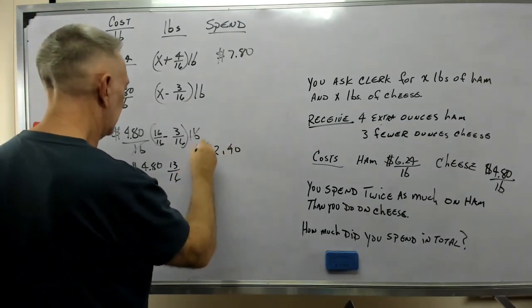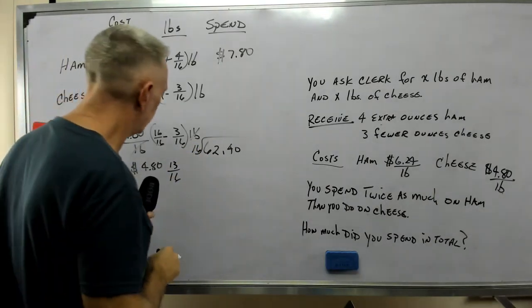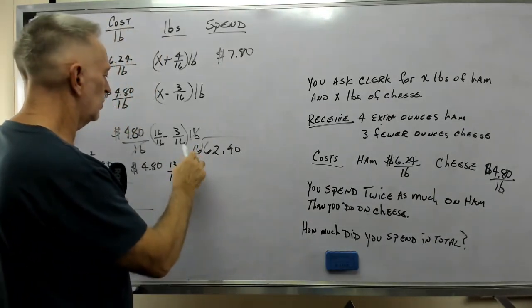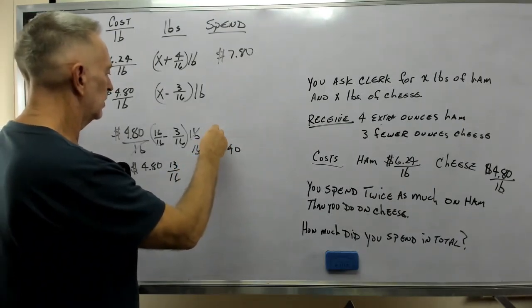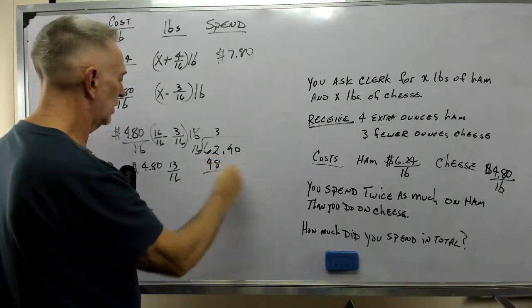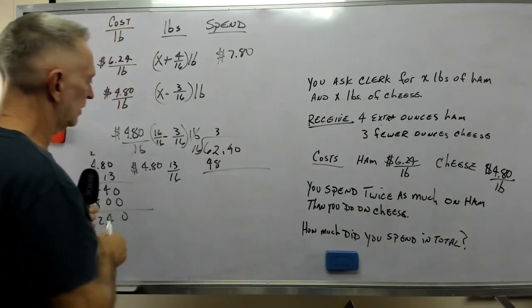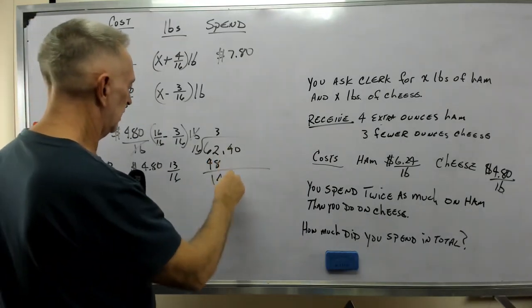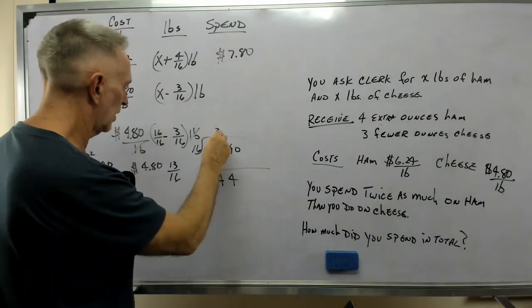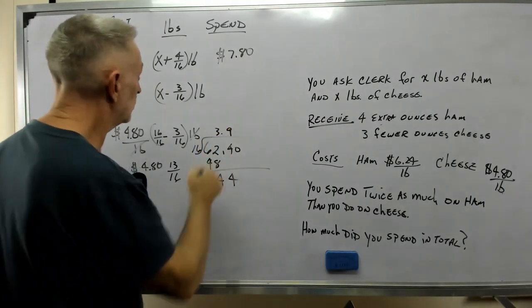6240 divided by 16. Well, 6 can't do it. 62, 3 times 16 is 48. 14. Bring down the 4. Wow, it'll work out. Because we needed 390.